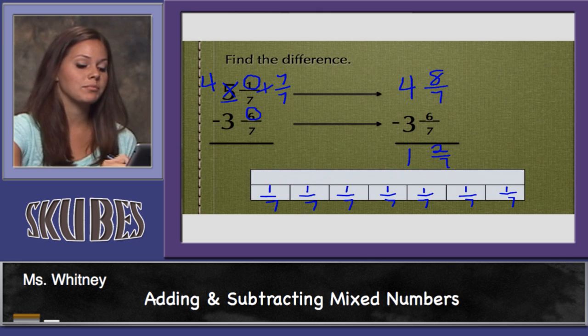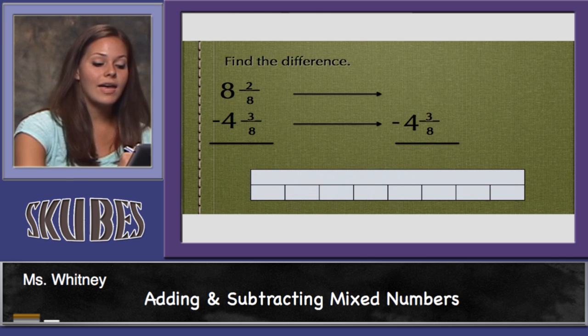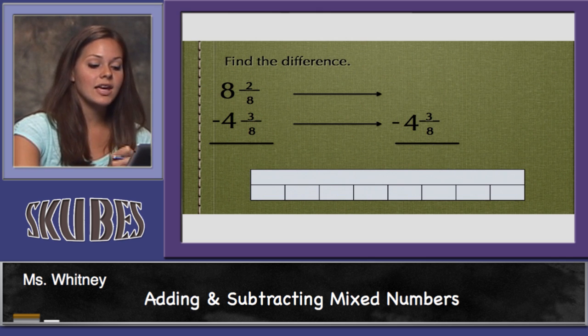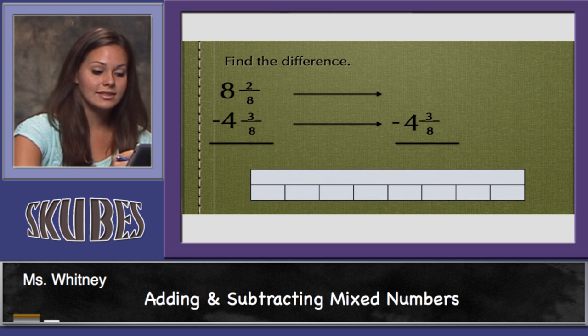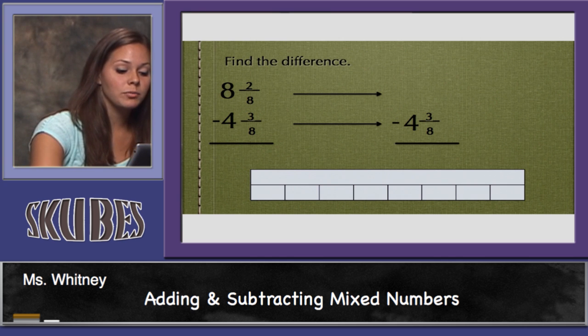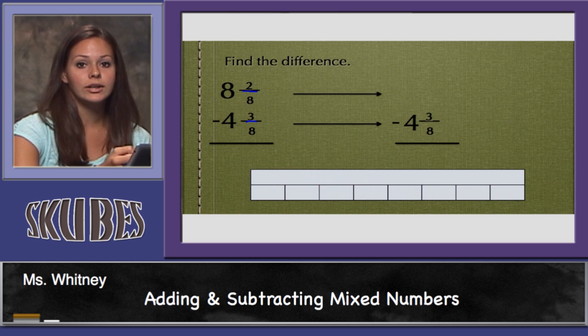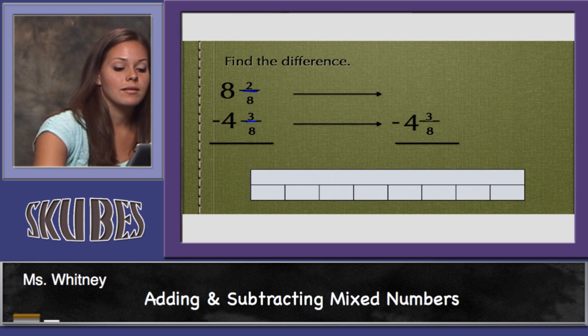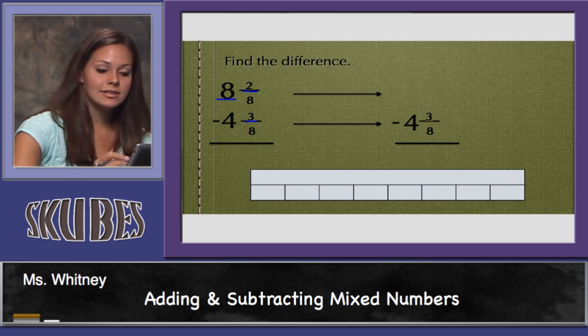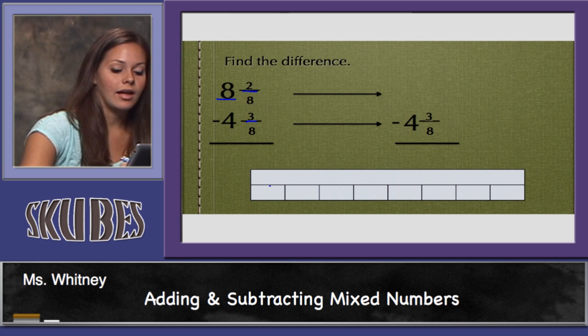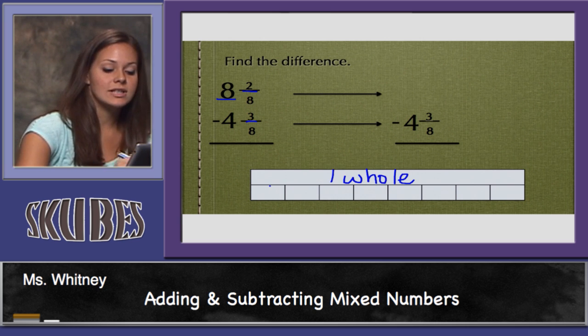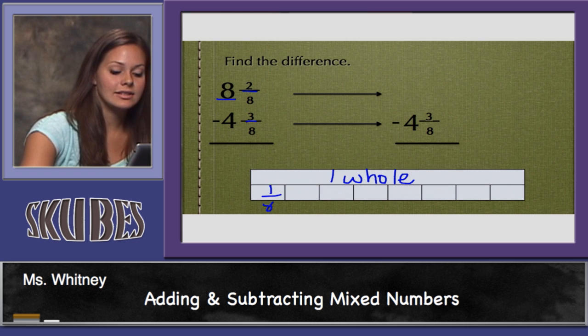Let's look at another example like that. We have 8 and 2 eighths take away 4 and 3 eighths. Again, when I look at my numerators, I know that I cannot subtract those two fractions without regrouping. My whole number 8, I have one whole, which is equal to 8 eighths.